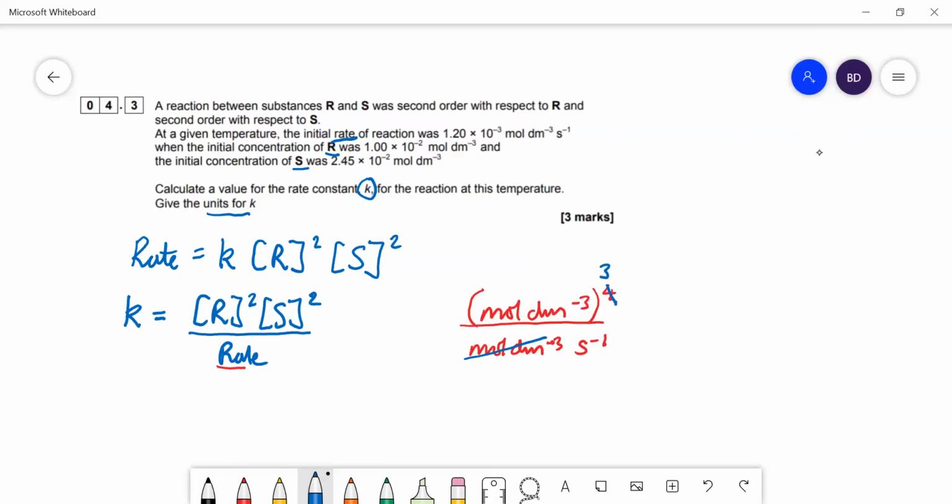So that's mole cubed dm to the minus 9 divided by seconds.